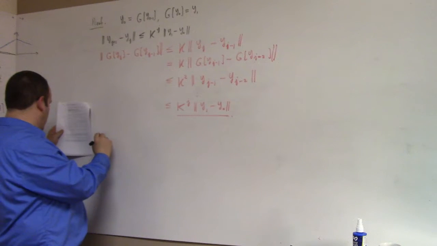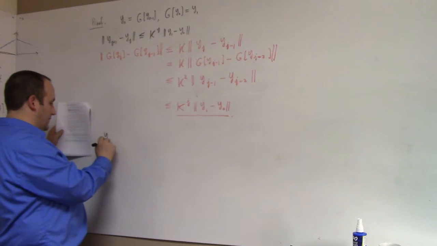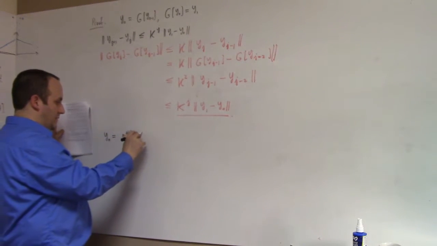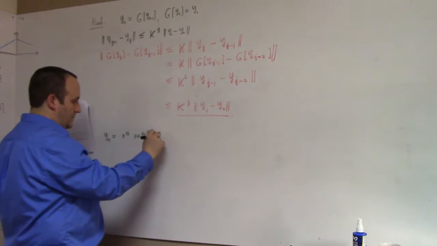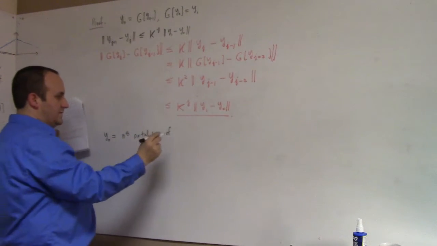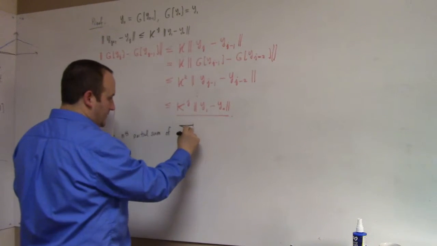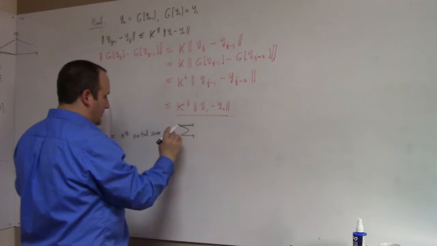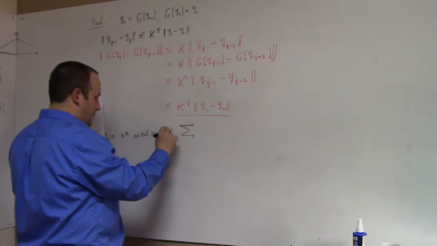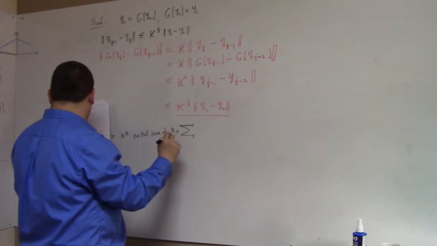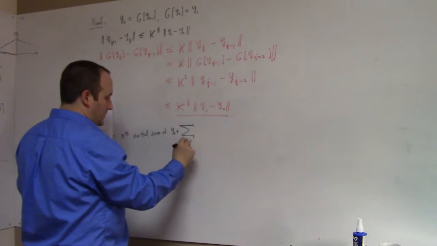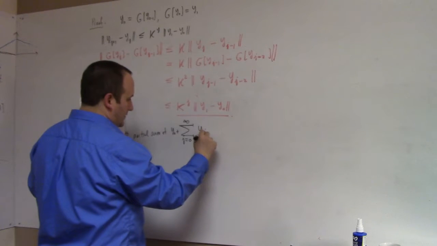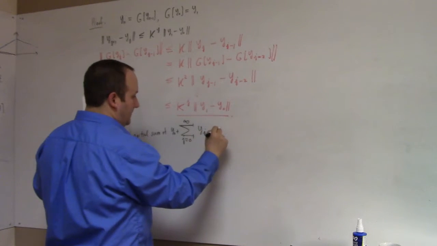We've got Yn equal to the nth partial sum of the series: y naught plus the sum from j equals 0 to infinity of the difference y sub j plus 1 minus yj.